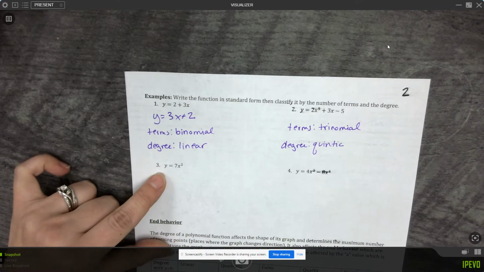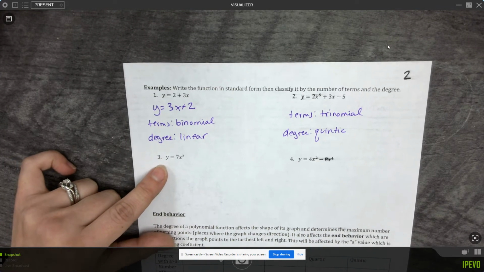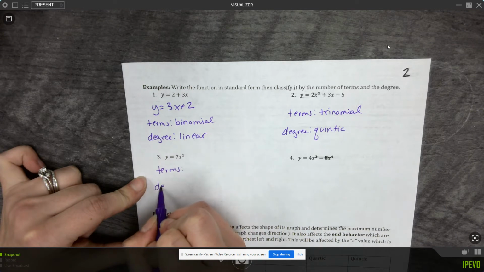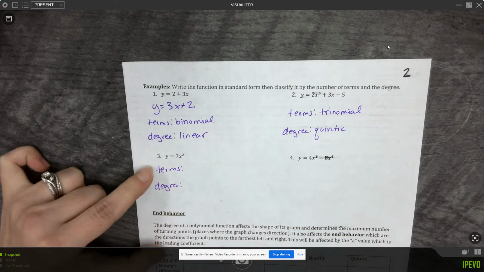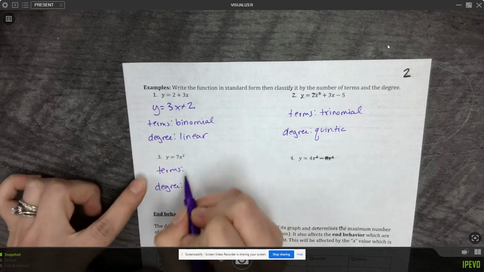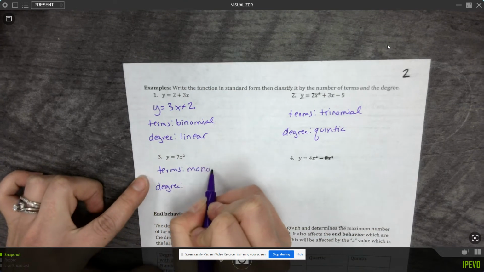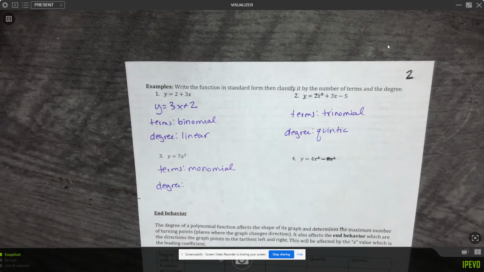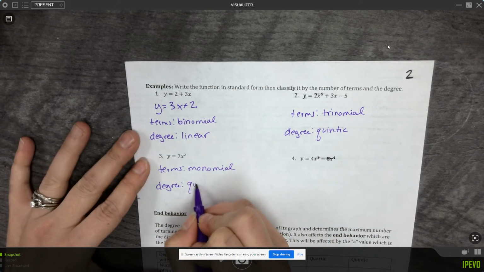Example 3, already in order, because there's not an order. How many terms are there? There are 1, that makes that a monomial. And the degree, it has a 2, you know that one, that's quadratic.